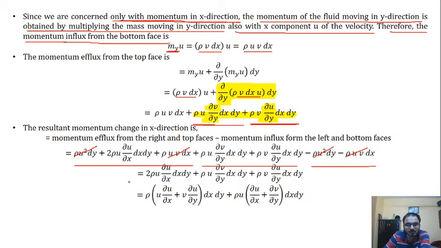So we need to see how we have arrived up to this formula.